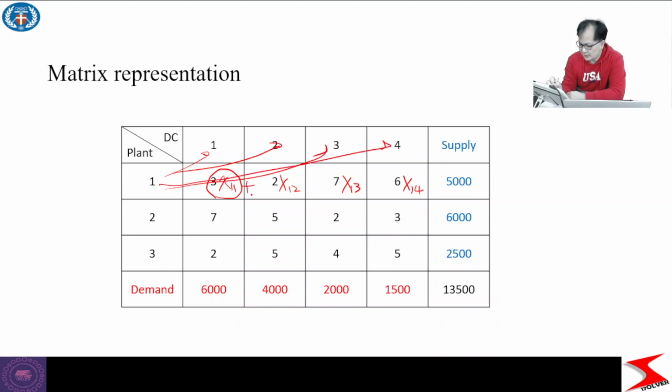So we add all the x together, which means the total shipped out should be the same as the total supply capacity. So we add these 4 numbers together.